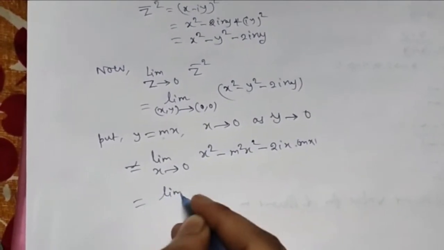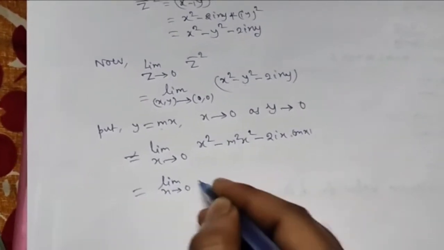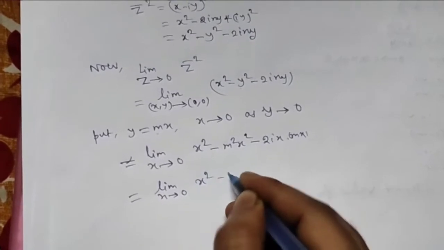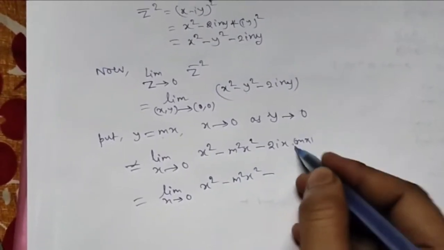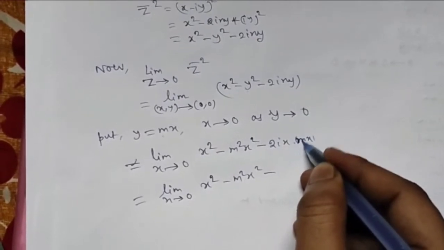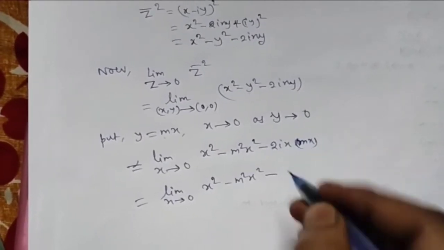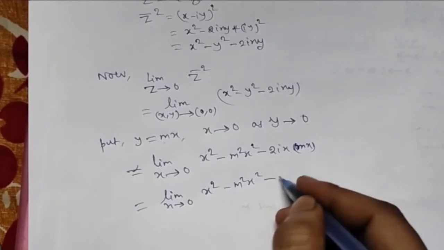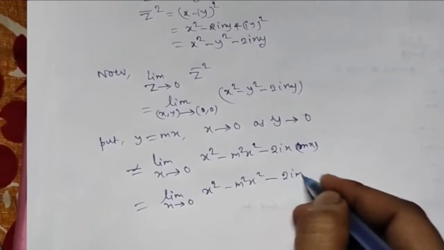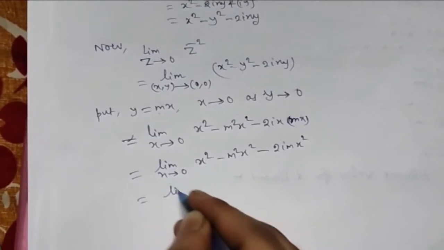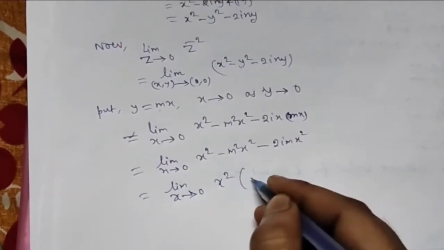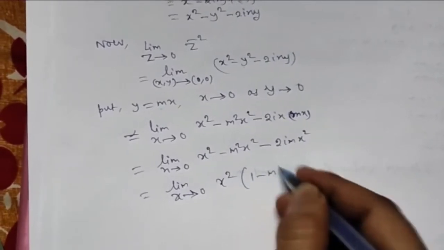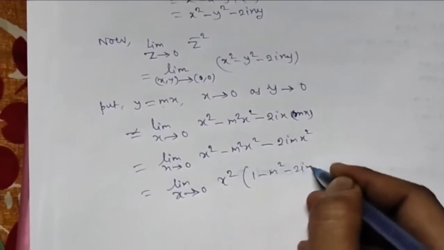So this will be limit x tends to 0 of x square minus m square x square minus 2im x square. So limit x tends to 0, x square will be common, so 1 minus m square minus 2im.